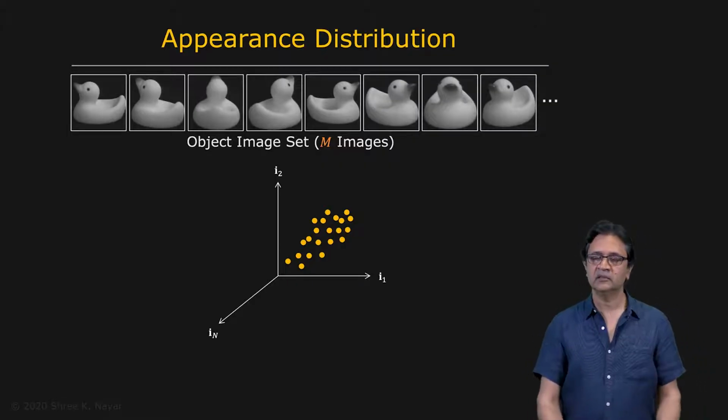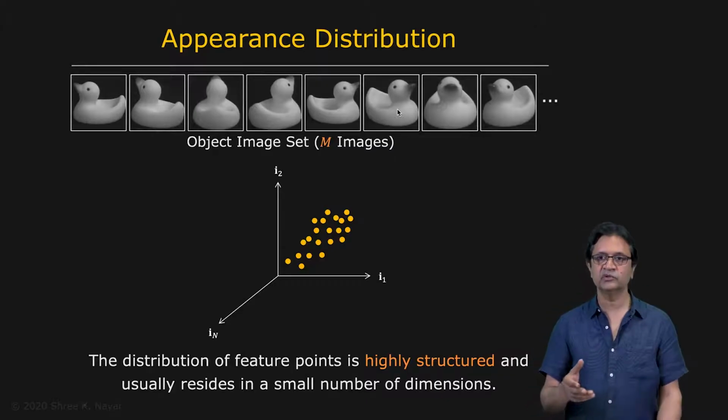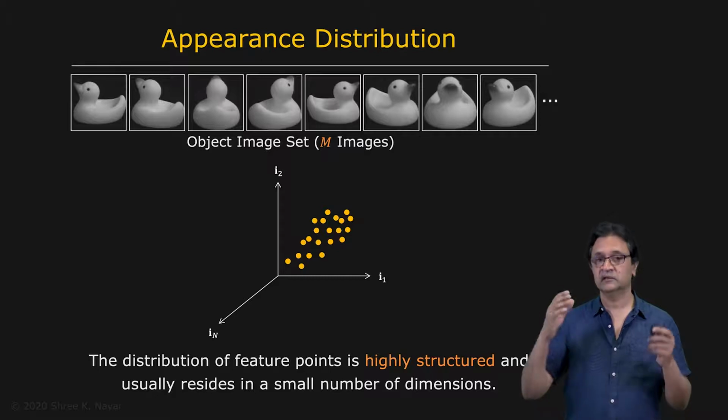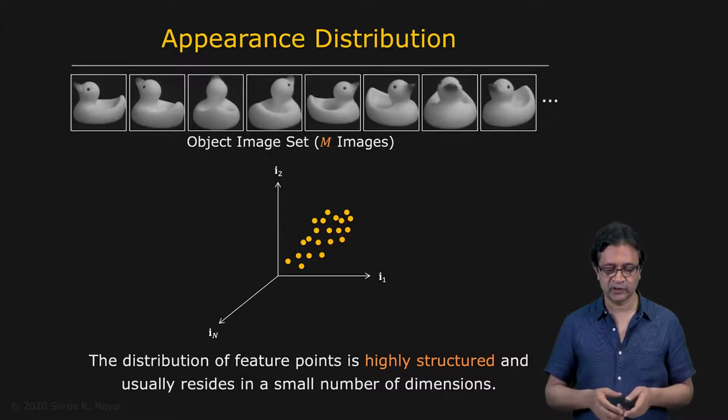And the key thing to observe here is that because of the similarity between these images, the correlation between these images, the distribution of feature points in this n-dimensional space can be safely assumed to be highly structured. And as a result of that, it also resides in a much smaller number of dimensions than the full dimensionality of the space, which is n. This is the key observation that we want to exploit.